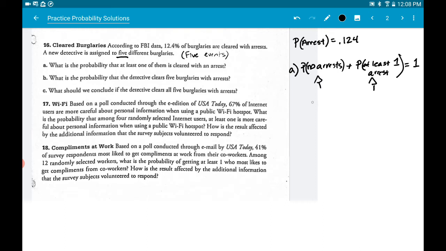And so let me just remind you of a few things. The probability of not being arrested is the complement of 12%. If you have a 12% chance of getting arrested, then the complement of that would be 1 minus that, which is going to be 0.876 or 87.6%.